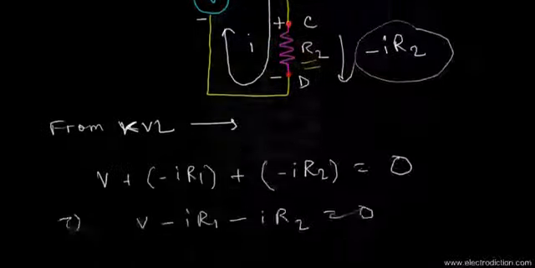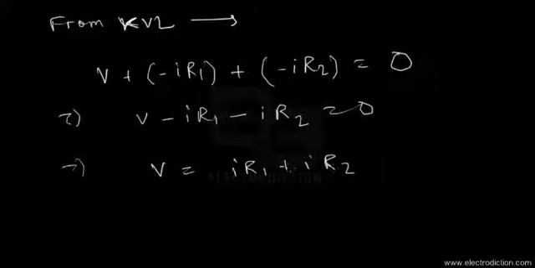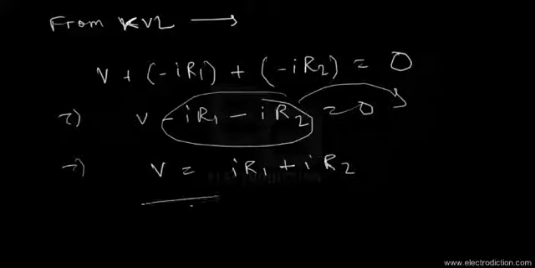Keeping that in mind, we shall come back to our equation, and by applying basic rules of algebra, we can write this equation in this way. If we take both IR1 and IR2 to the right hand side, we'll get something like this.